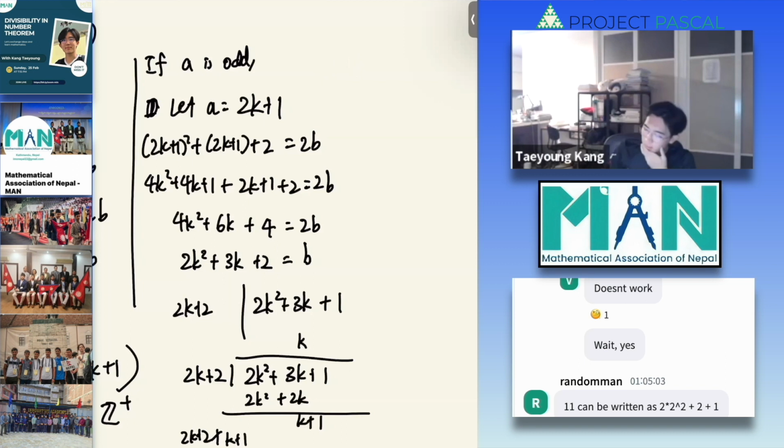I think a shorter explanation could be done by considering mod 4, maybe.